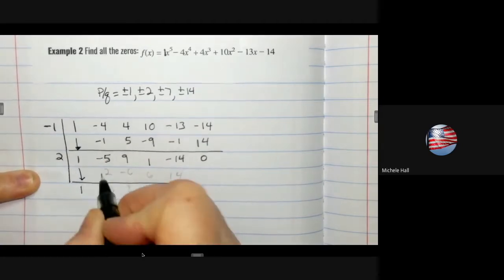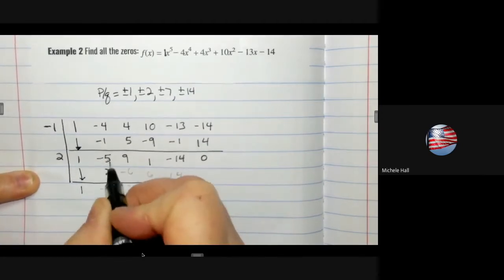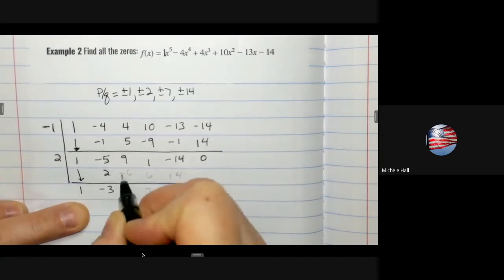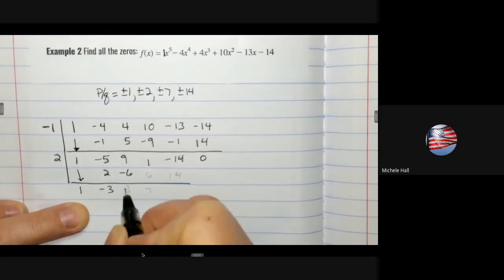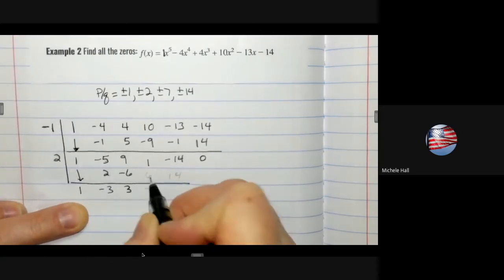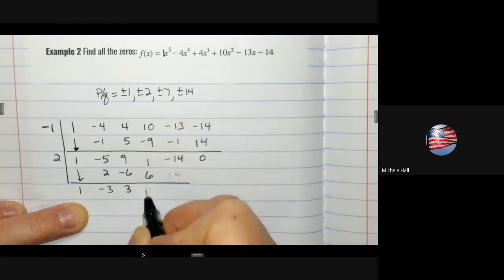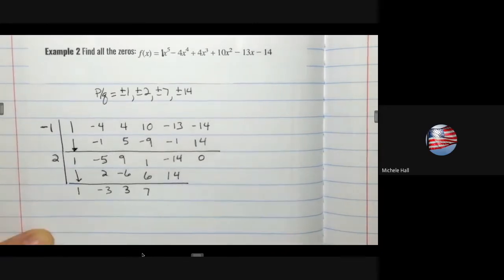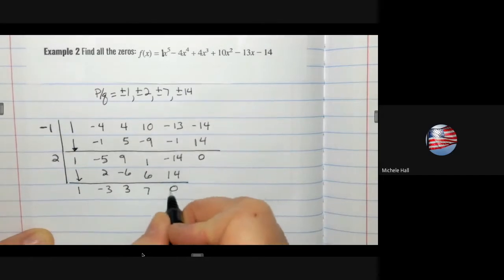Bringing down our 1 times 2, -5, and 2 is -3. -3 times 2 is -6. 9 minus 6 is 3. 3 times 2 is 6. 1 plus 6 is 7. 7 times 2 is 14. And -14 and +14 equals 0.